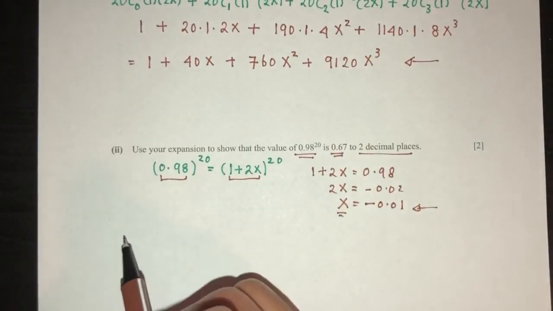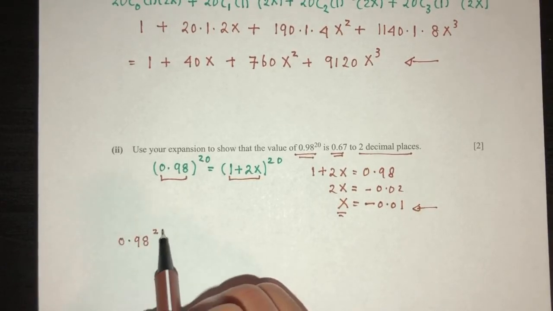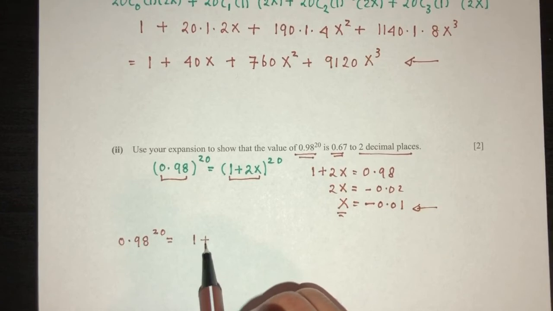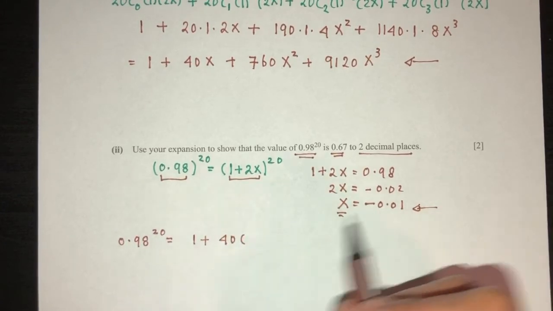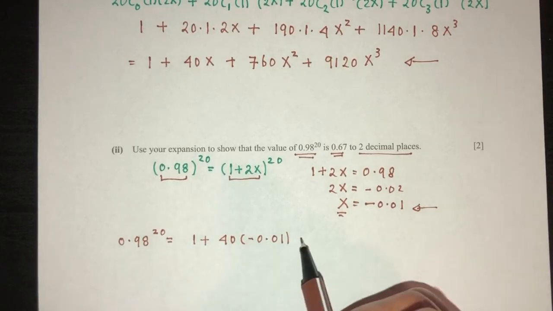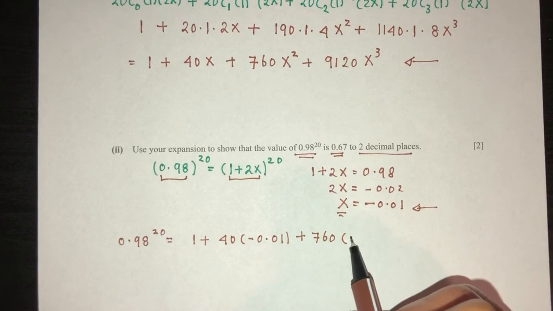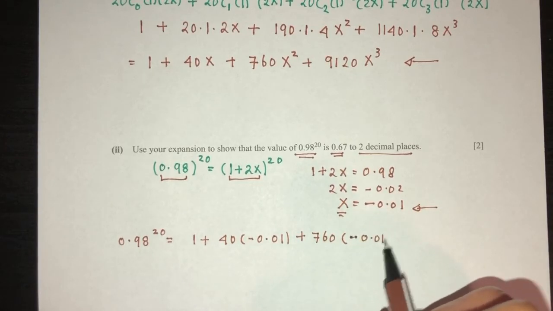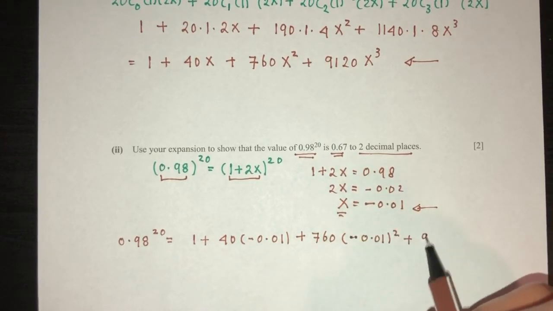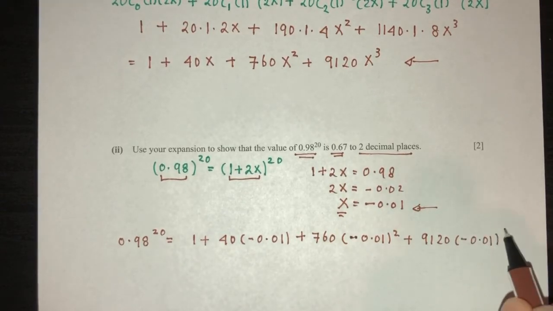So let's do that. So you will have 0.98 power 20 is equal to 1 plus 40 times minus 0.01 plus 760 times 0.01 squared plus 9120 times minus 0.01 cubed.